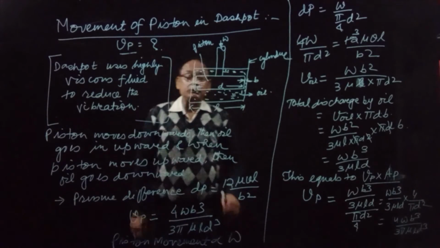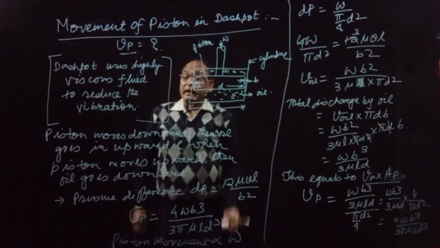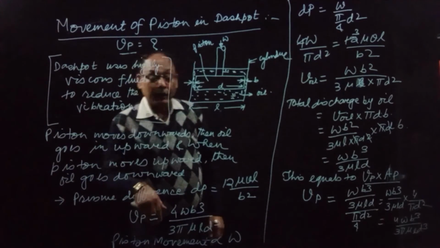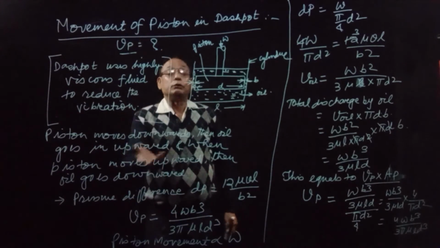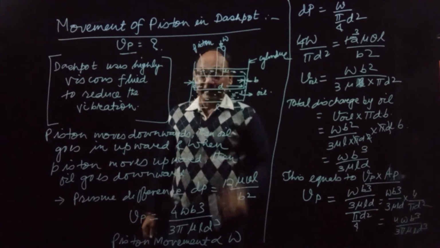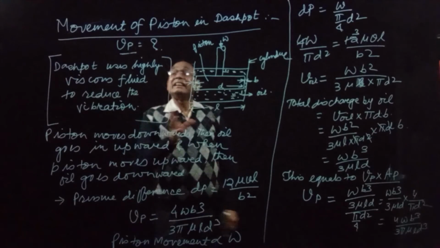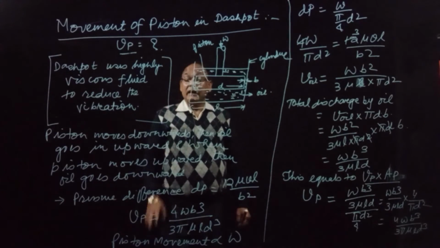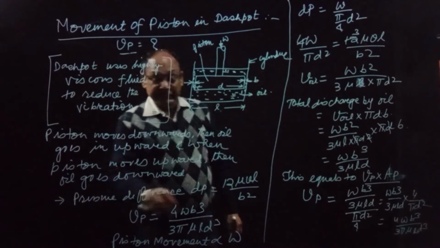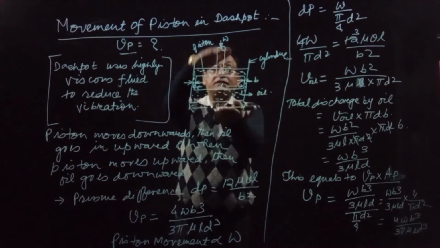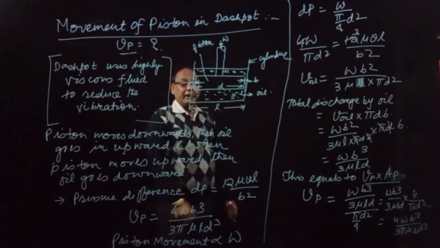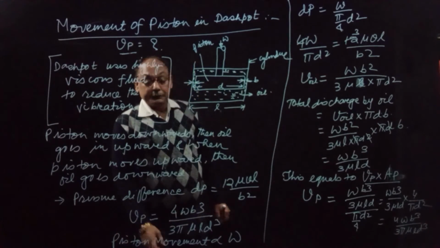Now when the piston moves downward, the oil goes upward, and when the piston moves upward, the oil goes downward. That is why frictional viscous resistance is created, and we have to find out in that case what the piston velocity is. We know the pressure difference between two layers is delta P equal to 12 mu V L by B square.